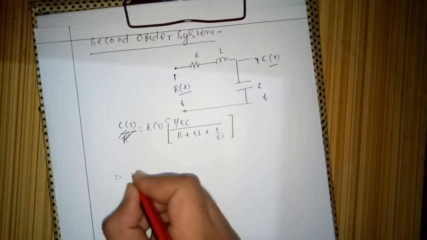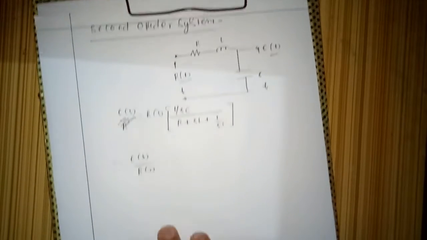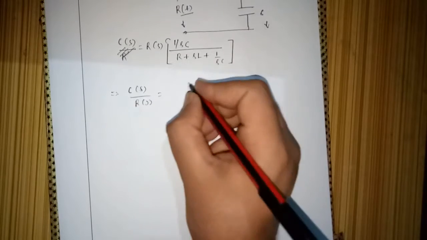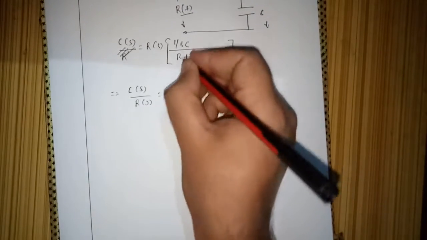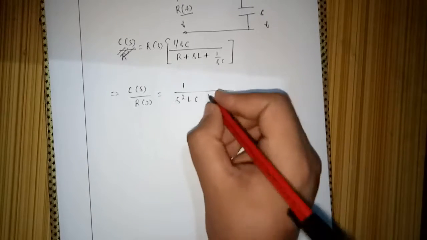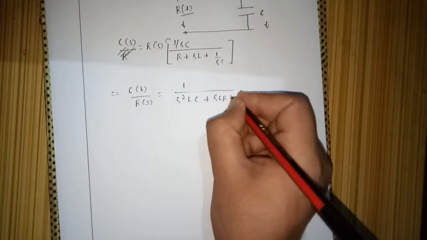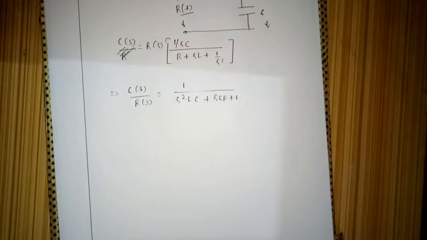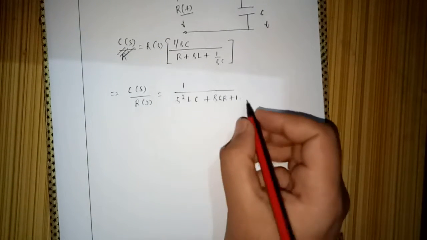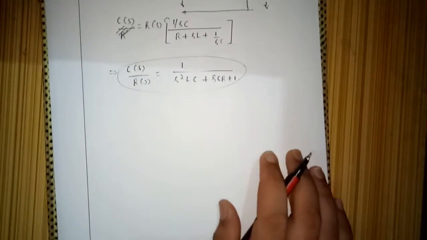So how can I write C(s) by R(s) transfer function? I am writing C(s) by R(s) is equal to 1, take sC downward, so s square LC plus sCR plus 1, right? So this is my transfer function of second order system.